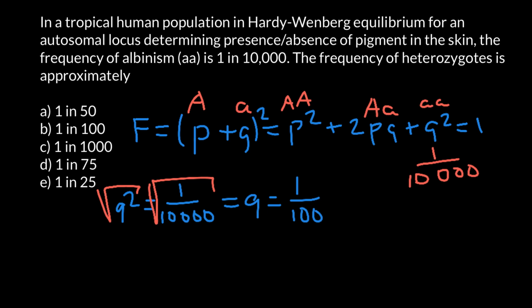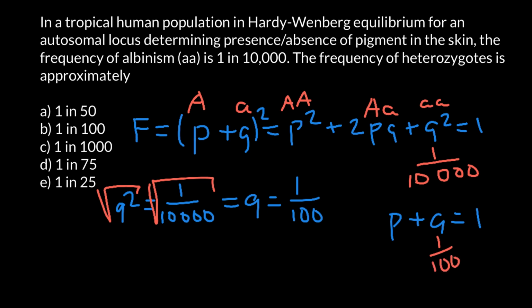P plus Q, the frequencies of these two alleles present for this locus, would equal 1, and we know that the frequency of the Q allele is 1 out of 100, so 1/100th.